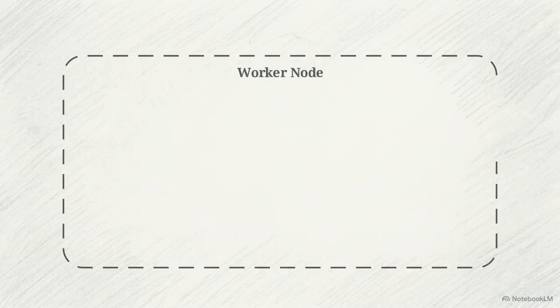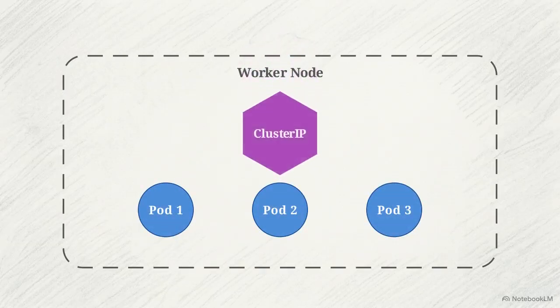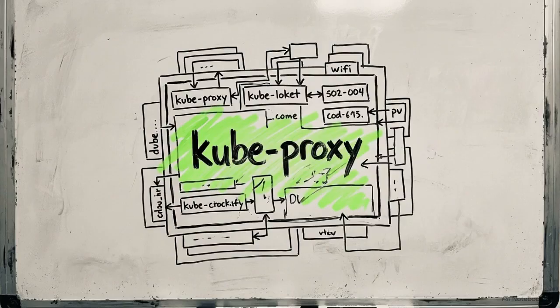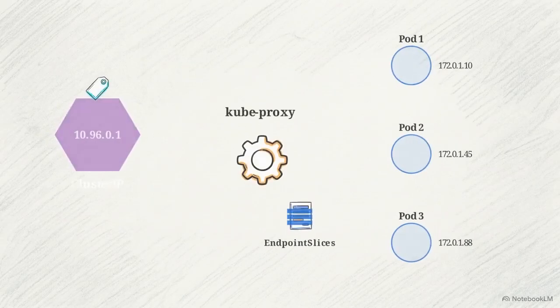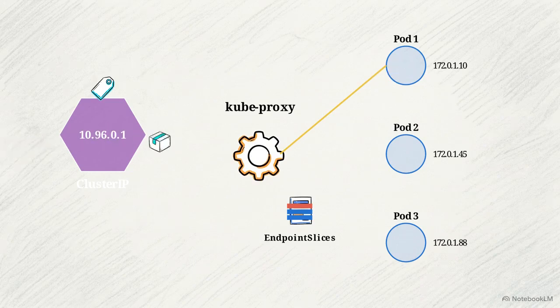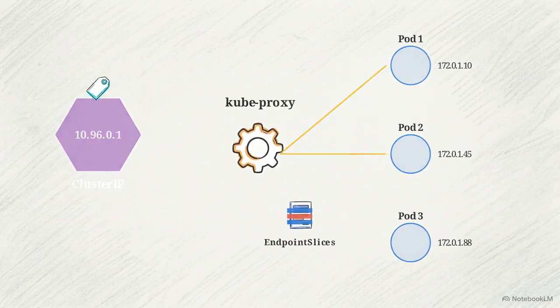To fix this, Kubernetes introduces the ClusterIP, a stable, virtual IP address that doesn't belong to any physical network interface on the machine. Instead, it relies on a node-level daemon called kube-proxy. Kube-proxy continuously updates the local operating system's IP tables to map that static cluster IP to the transient pod IPs, using an up-to-date list called endpoint slices.